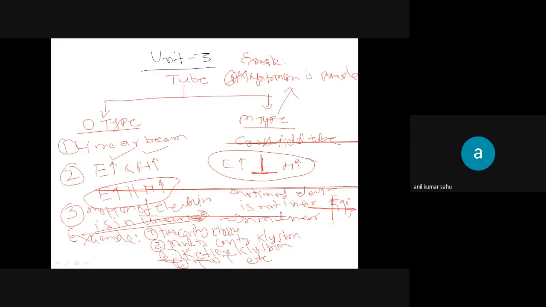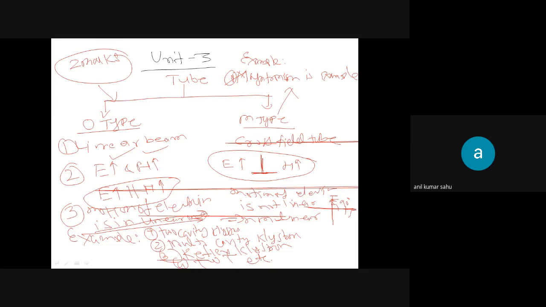Sometimes the comparison of linear beam tubes and M-type tubes is asked for 2 marks or 4 marks, so please prepare all this content for your upcoming exam, or maybe for the JNTU exam further.